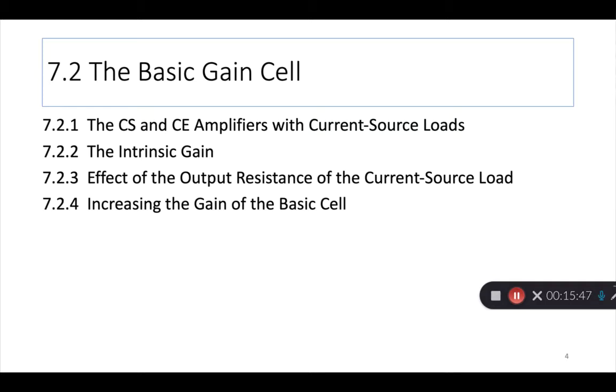So that's why we are studying CE and CS amplifiers, which we have studied a lot already when we did discrete, but now we are looking at IC based amplifiers. So gain is still important, right? Gain is the most important function in an analog application. Gain meaning voltage gain, current gain, right? These are the important applications. So that's why we are studying them first.